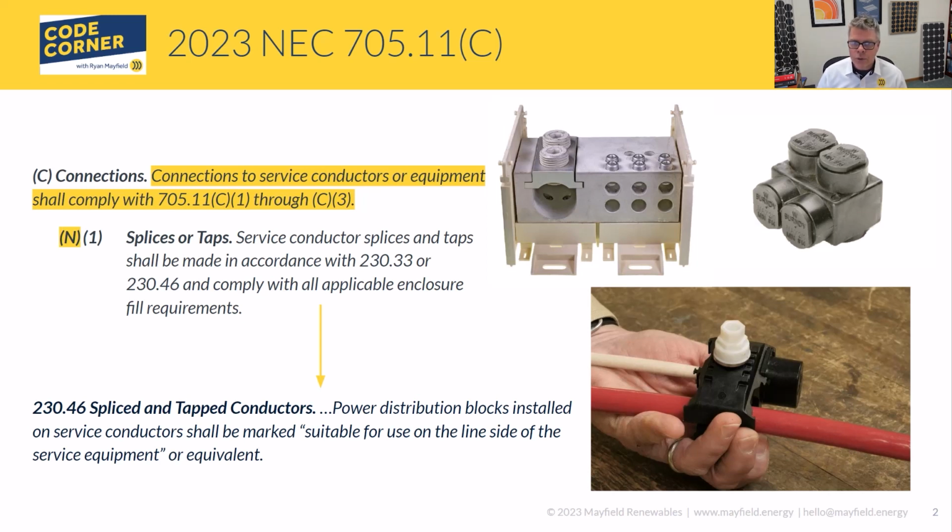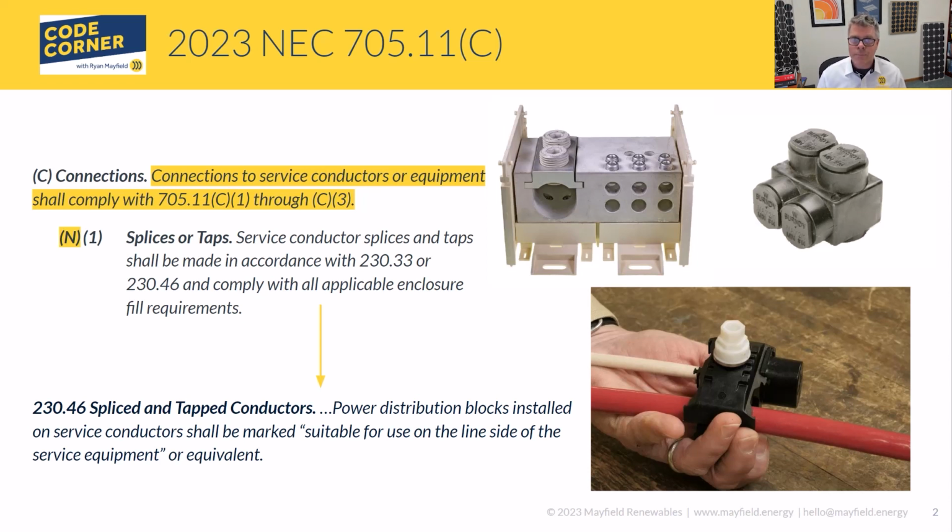And what you'll notice on these blocks that we're showing, and as of now, early 2024, the only blocks that I know of that are listed are these mechanical type connections.